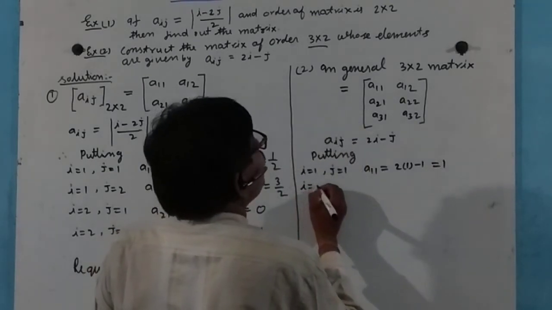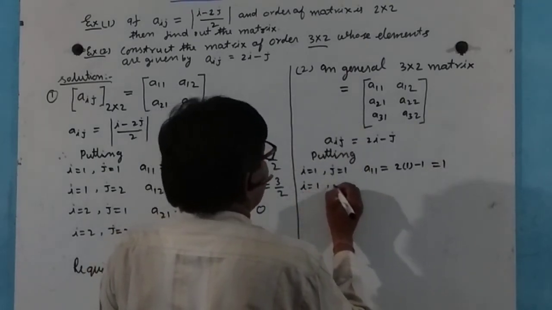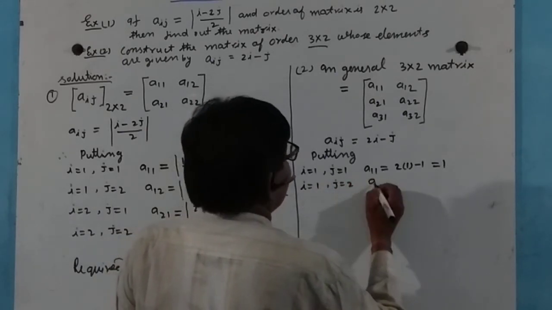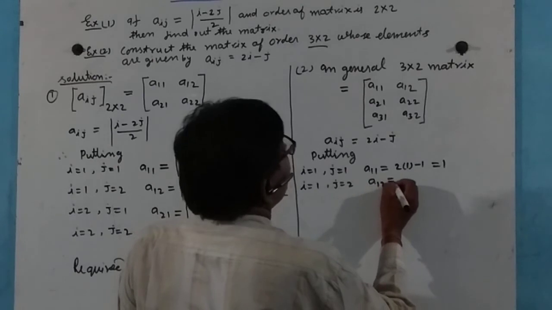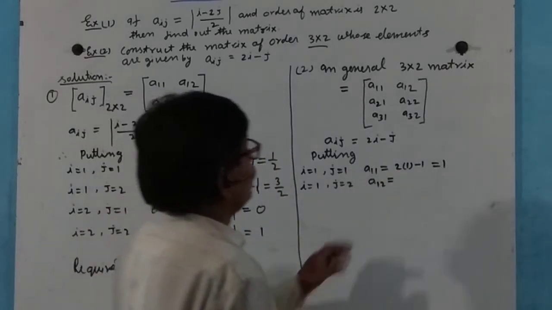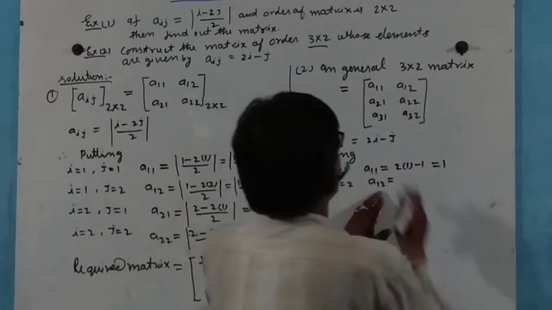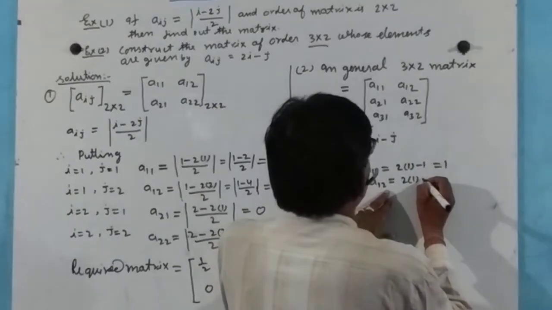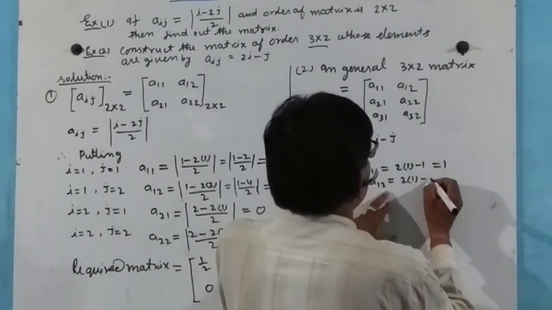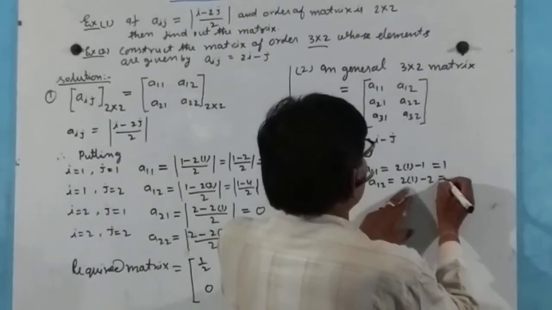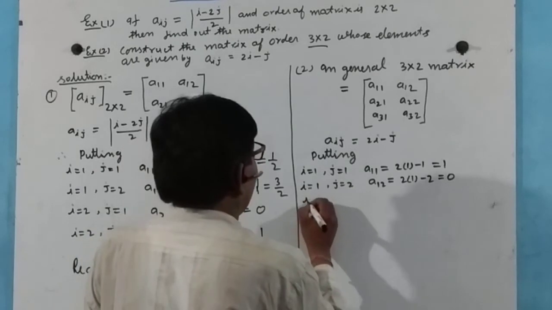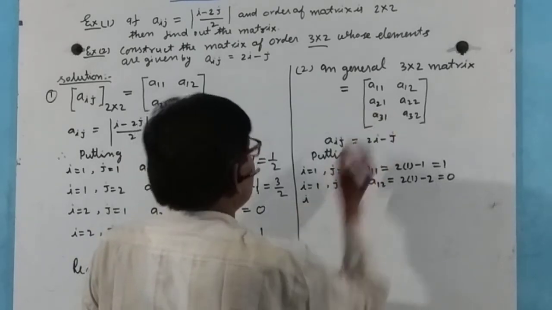I equal to 1, j equal to 2, A12 equal to 2 into 1 minus 2, so that 2 minus 2, this is equal to 0.